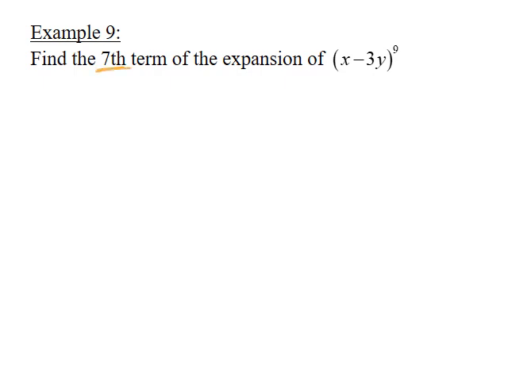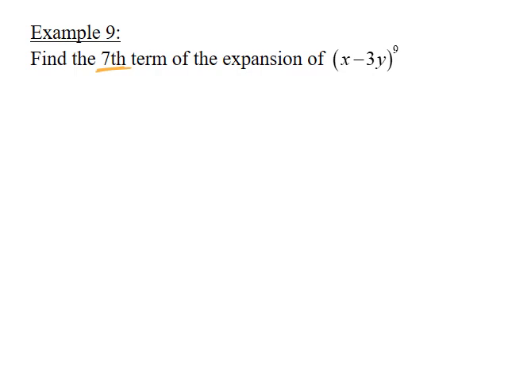Let's find the 7th term of this. Now, yeah, you could take the time and expand this and write out all the 10 terms and then count to the 7th one and find it that way.